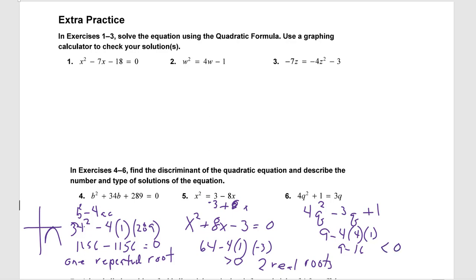Negative tells us that there are no real solutions, or roots. However, there will be 2 complex roots. So this is the plus or minus i kind of solution.